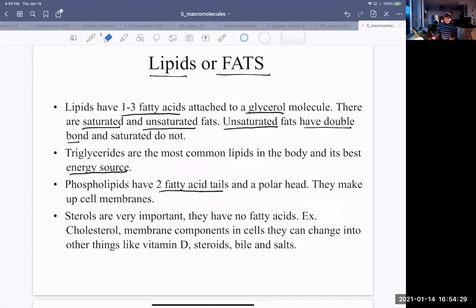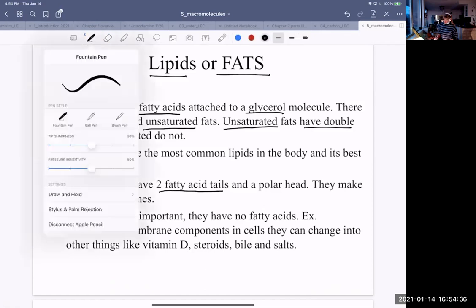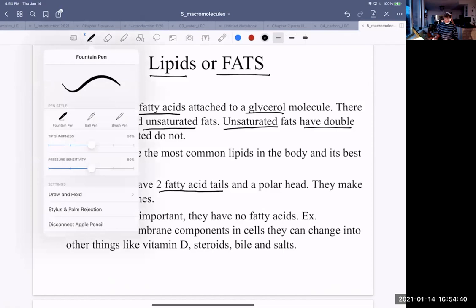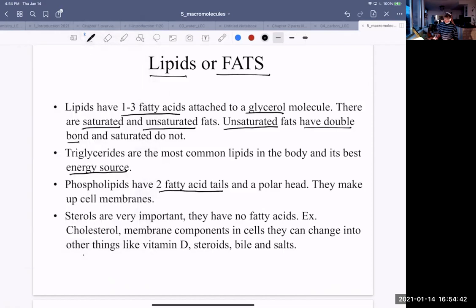Sterols, another very important lipid, have no fatty acids. Cholesterol, for example, is a sterol. And they're membrane components. And also, cholesterol can be converted to many other things: vitamin D, steroids, bile salts.